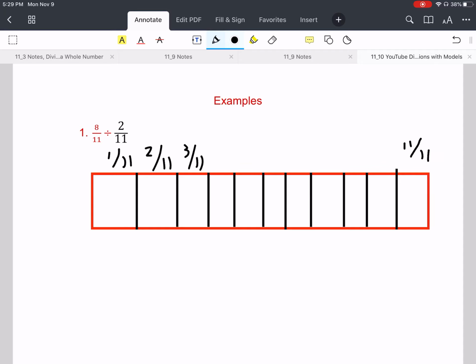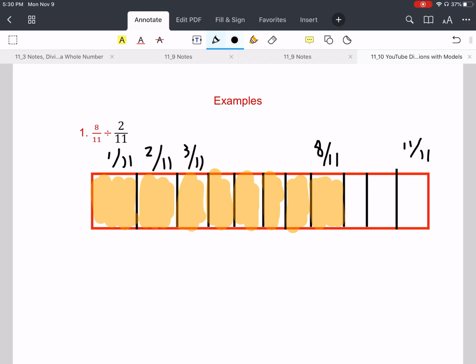And we are going to start with our 8/11ths. So what I'm going to do is take this orange and highlight 8 of these 11ths. 1, 2, 3, 4, 5, 6, 7, 8. So that represents 8/11ths. And we are going to find how many sections of 2/11ths we have.